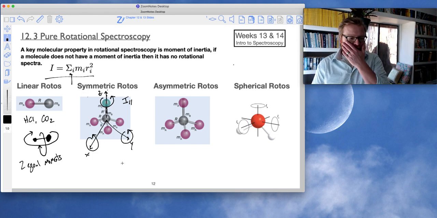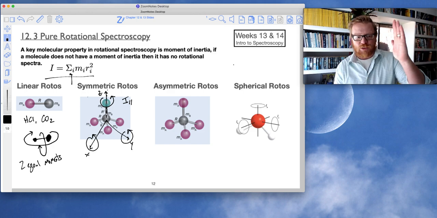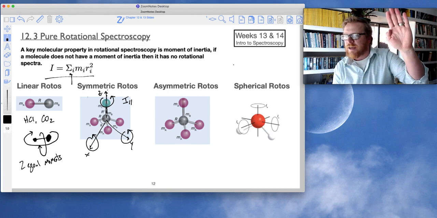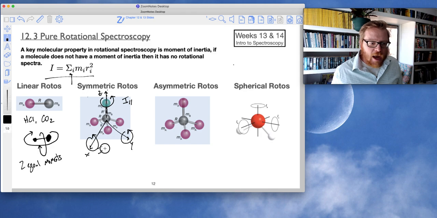So now you have to imagine the green atom there, tumbling over this way or tumbling over this way, between X and Y. So those two are equal. And so we call those I perpendicular. Okay? So we have two equal moments and one different moment.